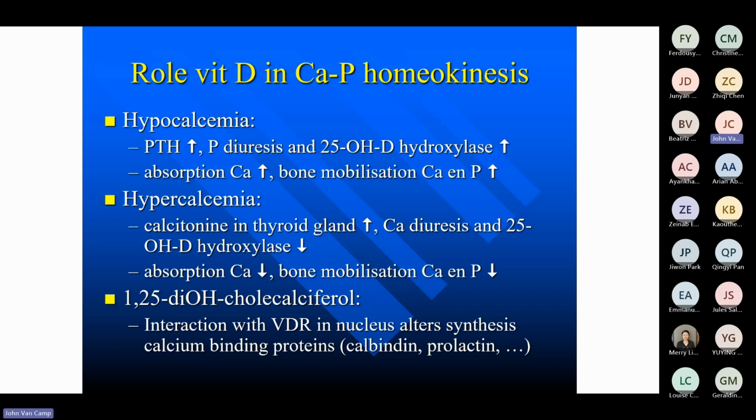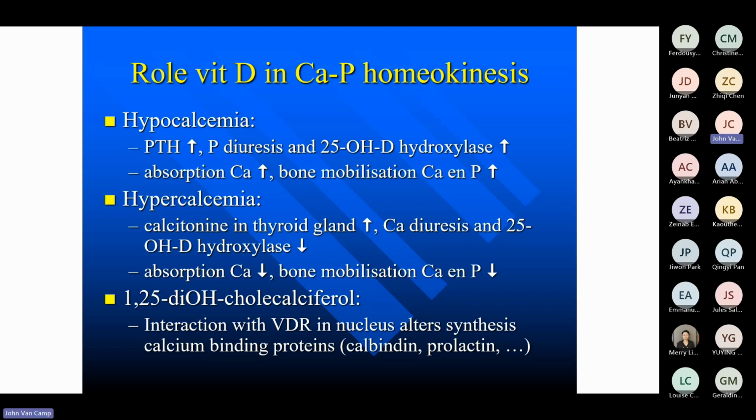You have more release of phosphorus by the urine, and you have the activation of the hydroxylase that codes for the synthesis of the activated vitamin D3. So at the level of the kidneys, the final hydroxylase is added. So you get 1,25-dihydroxycholecalciferol.